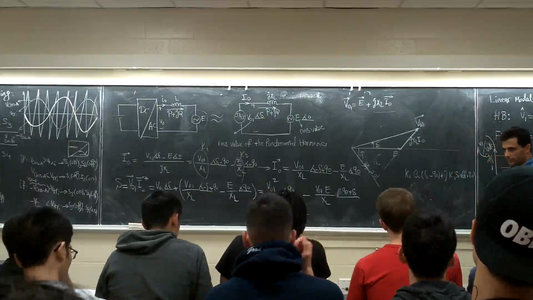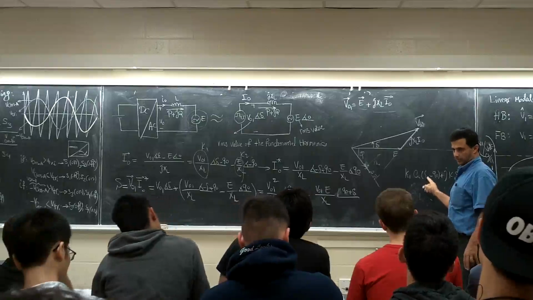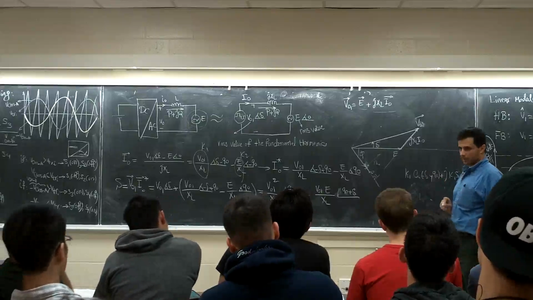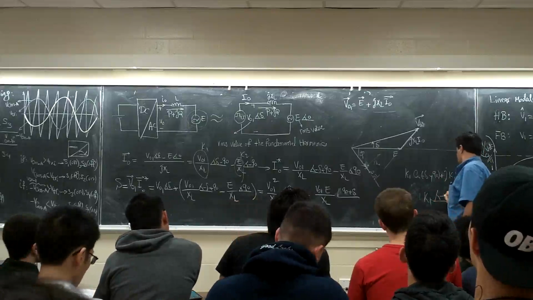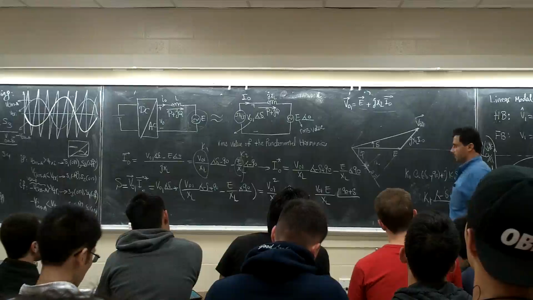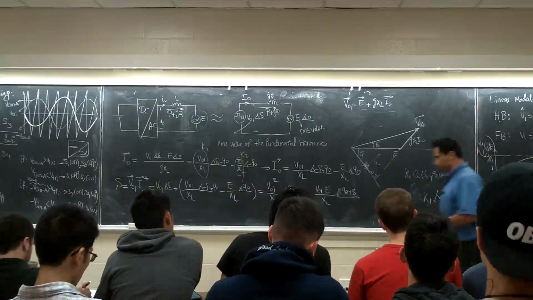And cosine of alpha and minus alpha are the same. So it's going to be K1 with minus delta plus 90. That's correct. That's the one I wanted to do.